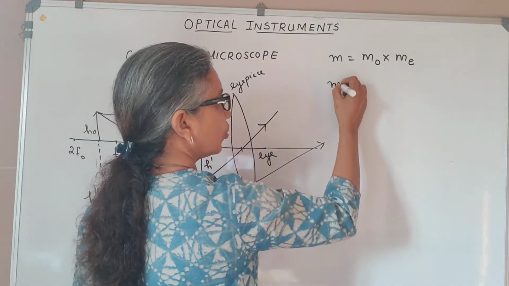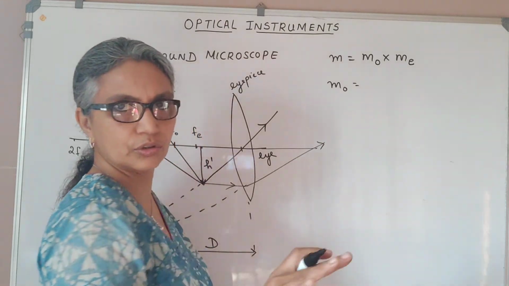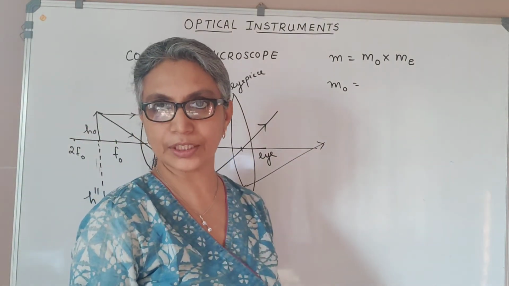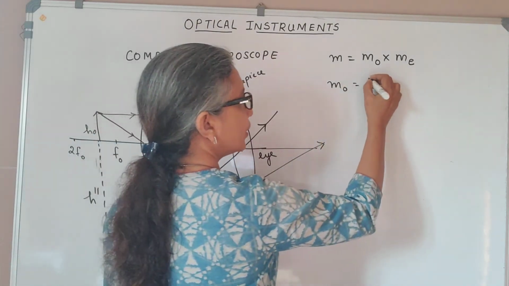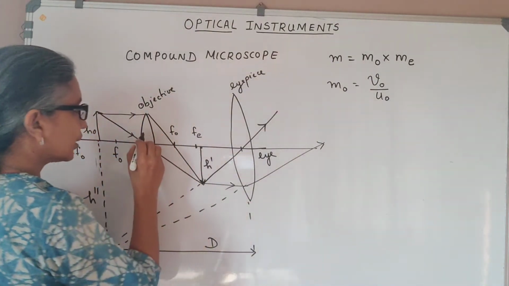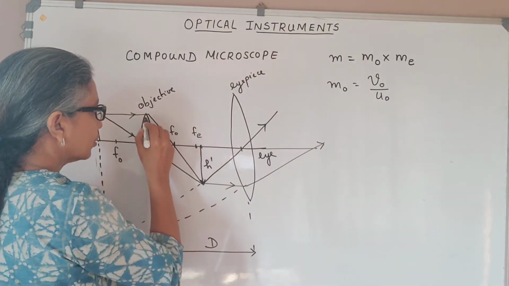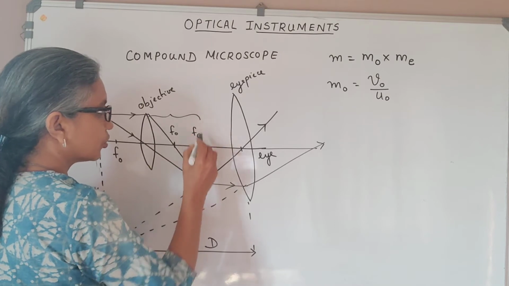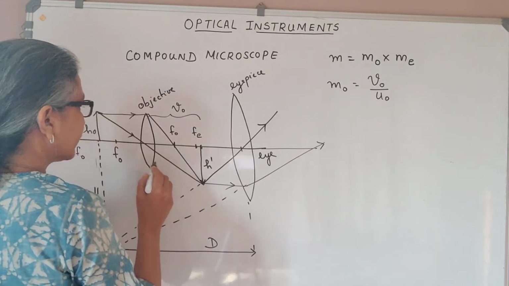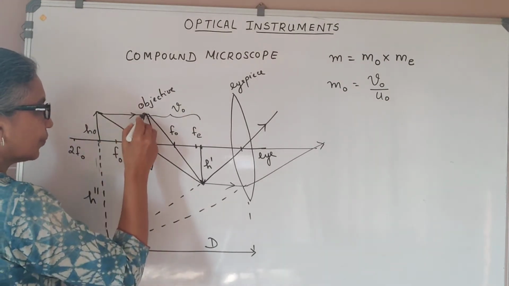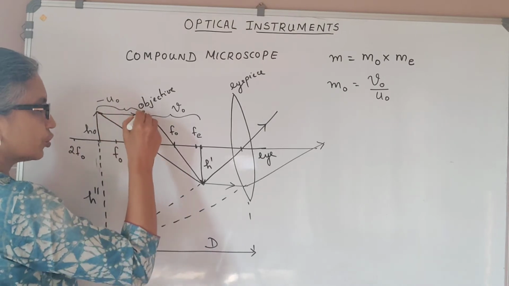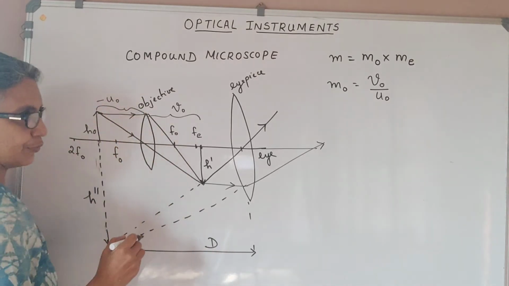Now MO, we know for any usual simple convex lens, the magnification is V by U. So I may write MO as VO by UO, because for this lens, this is the image. So this distance from the lens to the right is what we have as VO, and your object is here. So from the lens to the object, this is minus UO because you're measuring it from the lens to the left.